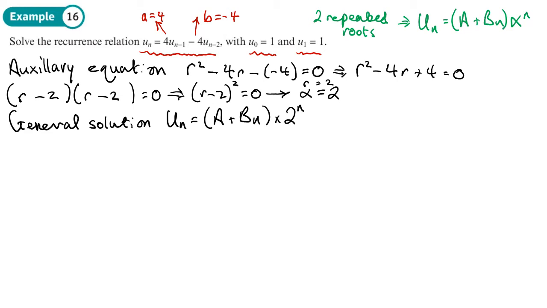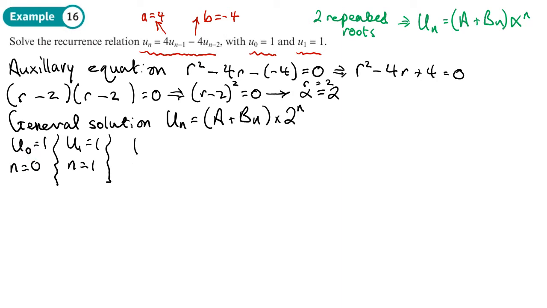Now from here we're going to use our initial conditions to find a particular solution. So we have u0 equals 1, so that means n equals 0. And the other initial condition is u1 equals 1, which means n equals 1. So we'll plug both of these in and write down what the equations are. So let's start with u0 equals 1, which means n equals 0.